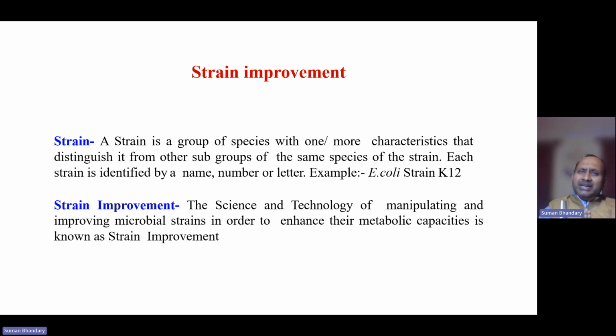Now, with integrated knowledge of biochemistry, chemical engineering, as well as physiology, microbiologists have taken a more scientific approach to the identification of microbial strains with the desired traits.